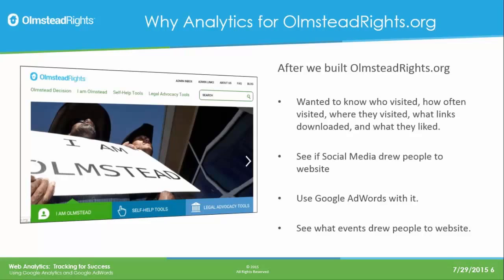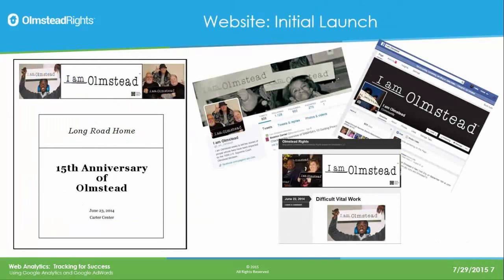And now that we have the Google AdWords, we want to use that to bring people in, and we really want to target our audiences and target how we're using Google AdWords. And then we've had a lot of events, and what events are drawing people to the website. And Google Analytics is the best way that we know to figure out who's coming, how they're responding to everything that we're doing.